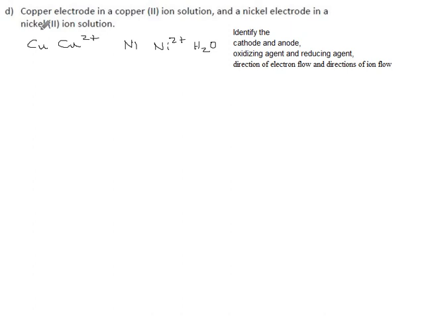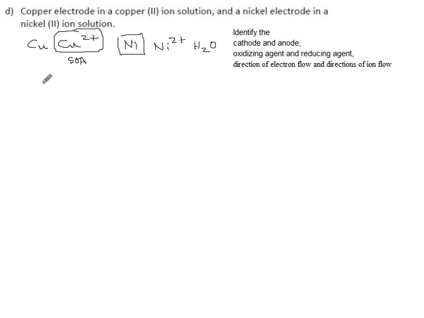Stay alert to the fact that water can react in a cell, and sometimes you don't want it to react, but it can anyway. So if we go to our redox table and read down the left side and up the right side to find our agents, copper 2 turns out to be our strongest oxidizer, and nickel metal turns out to be our strongest reducer.